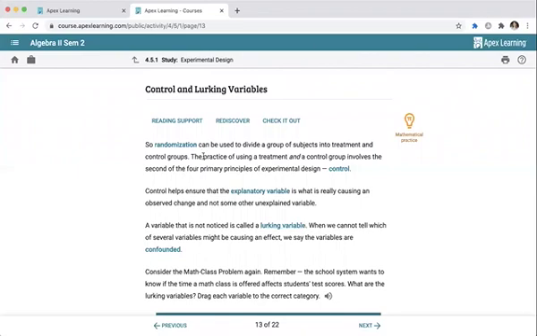All right, moving away from randomization here to now looking at control and lurking variables. All right, so of course, it's a good practice that we should get our treatment group and our control group. And that of course is part of this concept of control.